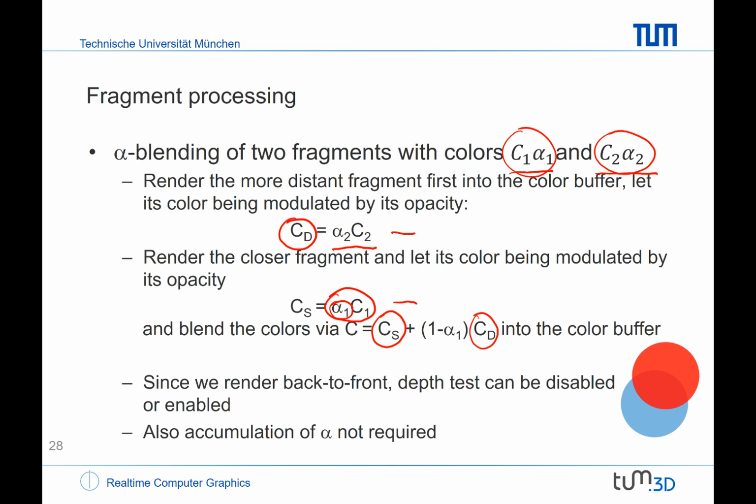And the good thing about this is, the depth test can be disabled when we perform this kind of blending. So you see here, if we can assume that we always render in the order, we call that from back to front. Back to front.